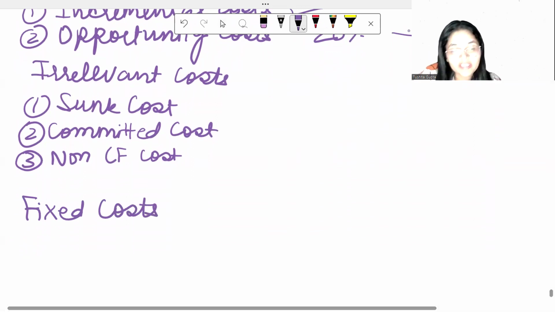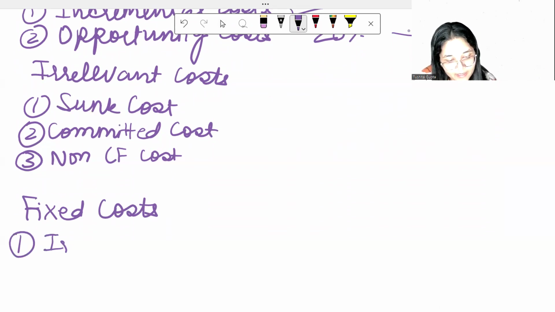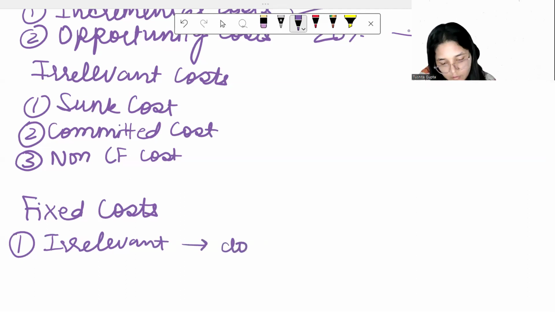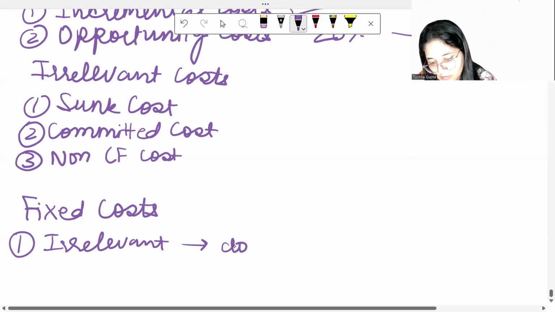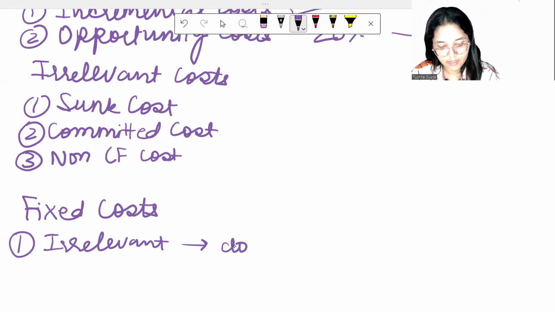So when it comes to fixed costs, when is a fixed cost going to be relevant? If your fixed cost is irrelevant, then you do not incorporate it.